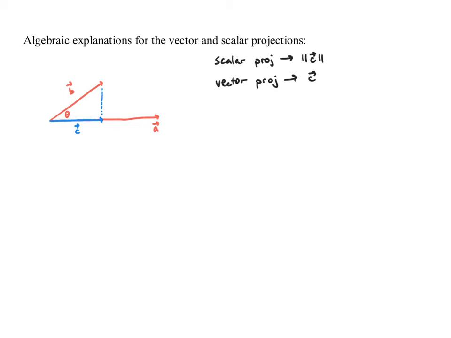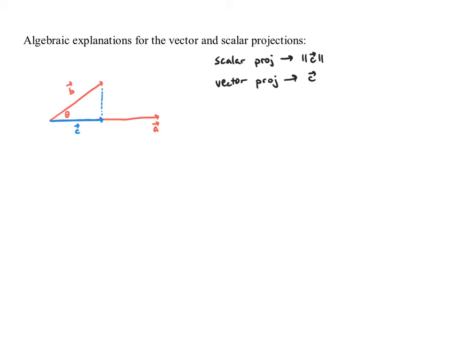Now, our current textbook, as well as many other textbooks that I've seen, make it appear so much more complex than that. That's all it is. So we're going to find a formula for the magnitude of C, and that's called the scalar projection. And then we're going to find the formula for that actual vector, the components of that actual vector. That's the vector projection.